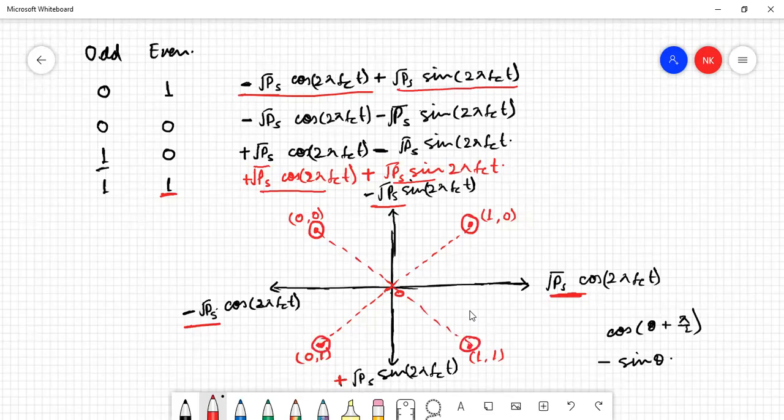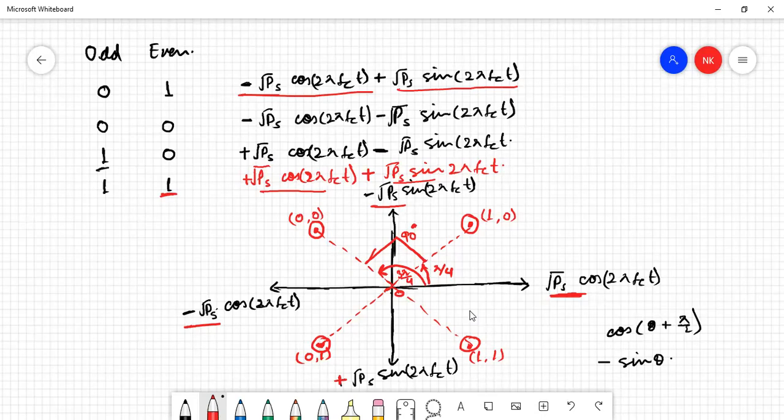So here we can see easily that this angle is nothing but the pi by 4 angle, and this angle is nothing but pi by 4 plus pi by 2, because the angle between two phasors is nothing but a right angle. So the angle from here to here is 90 degrees, meaning pi by 2. So this angle will be 3 pi by 4. In the same way, we will have the phasor of 0, 1. Okay, so this is the phasor diagram.